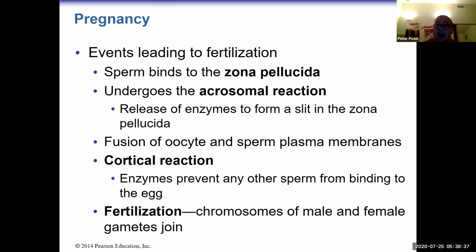Now, it is important they help each other through, but only one sperm can actually get into the egg. You can't have multiple sperm get into the egg. That would screw up the genetics. So what happens as soon as one sperm enters is something called a cortical reaction.